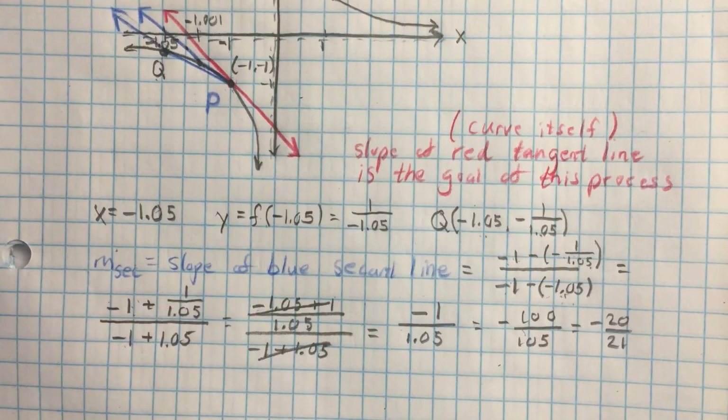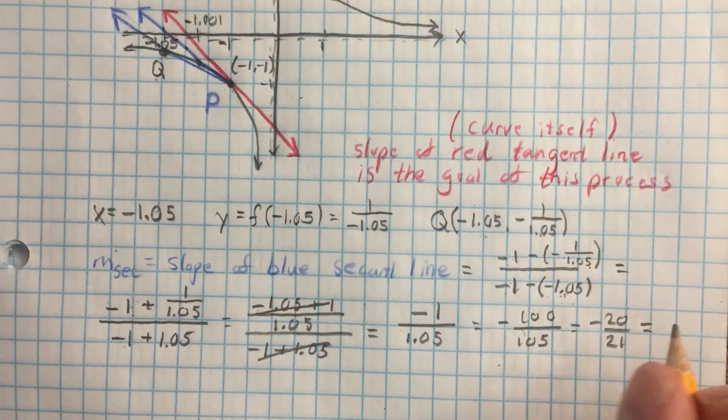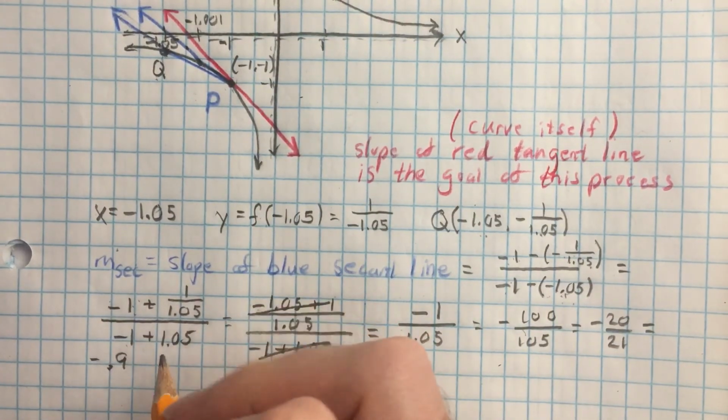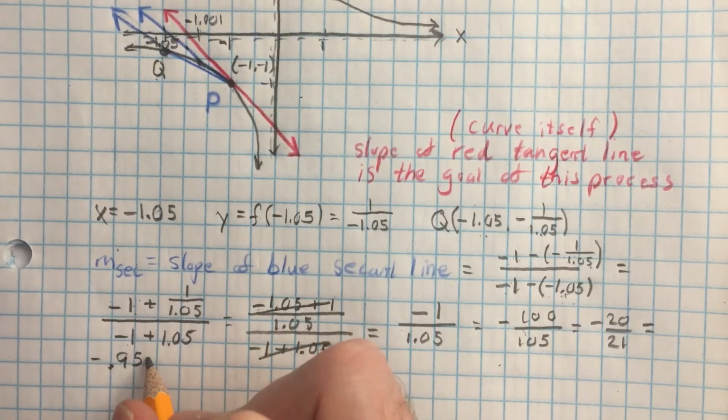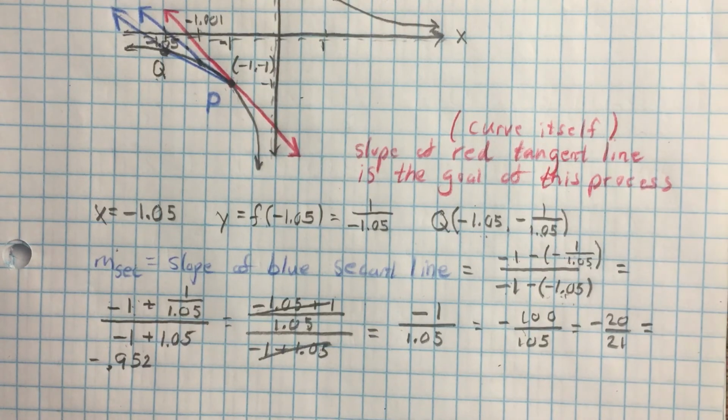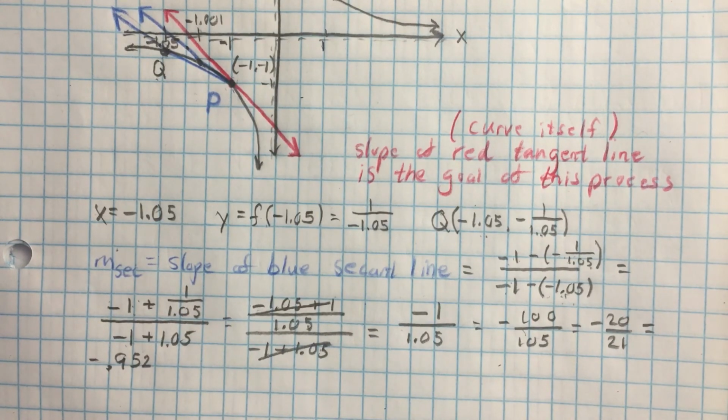Maybe it's something like negative 0.952, that's good enough. All right, so now let's go ahead and take care of negative 1.001 to continue this process.